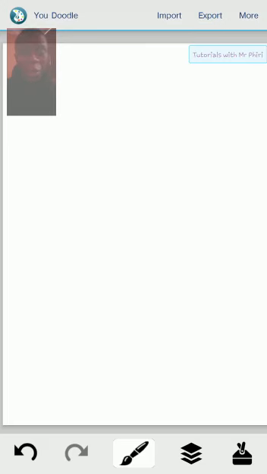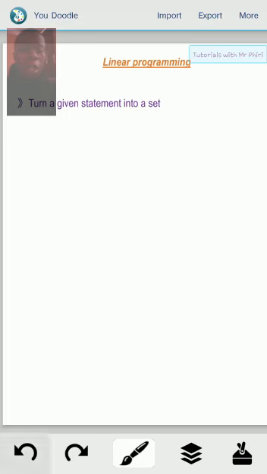So today we are going to look at linear programming, and basically what we need to learn first of all is the concept of turning a given statement into a set of mathematical equations.